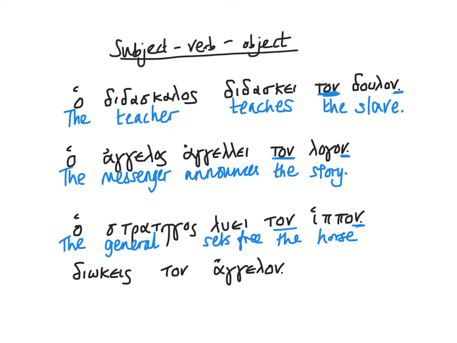Finally, diokeis. I've given you a different person of the verb, this time to the one we normally have, and that's a you singular form of the verb, so you singular, chase, and again ton is the, angelon, the messenger.